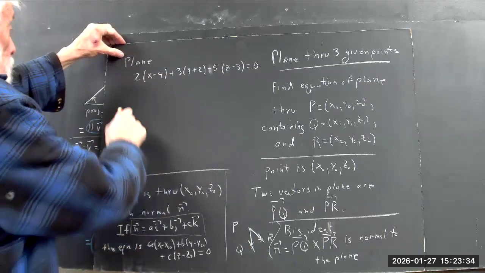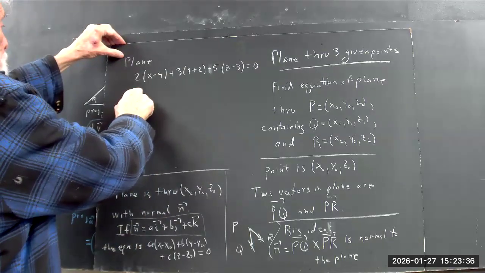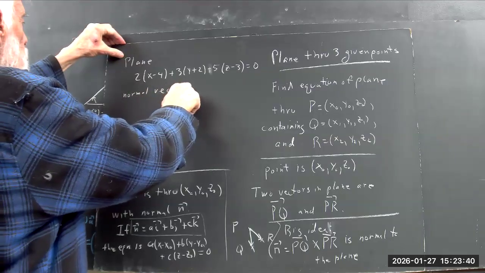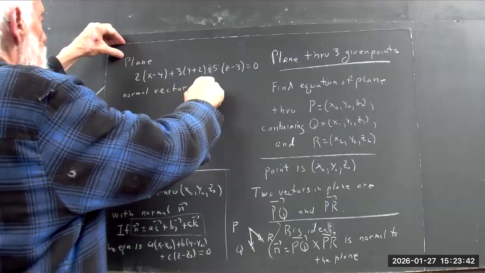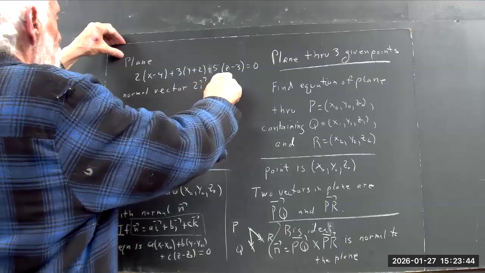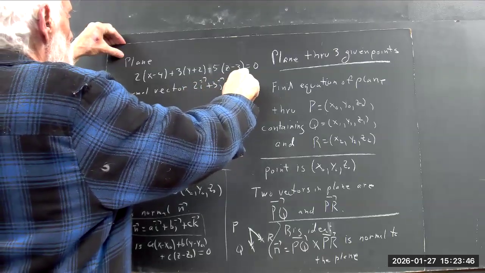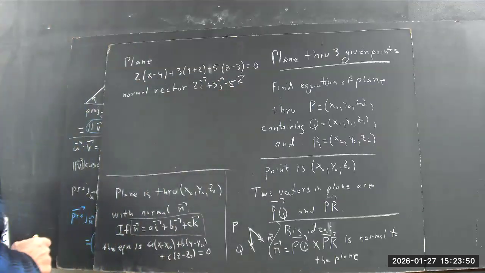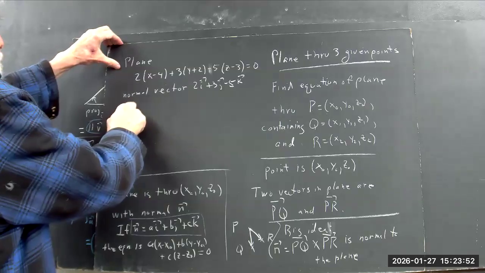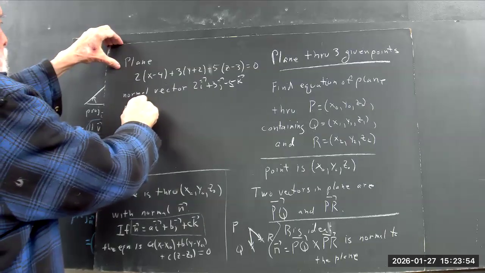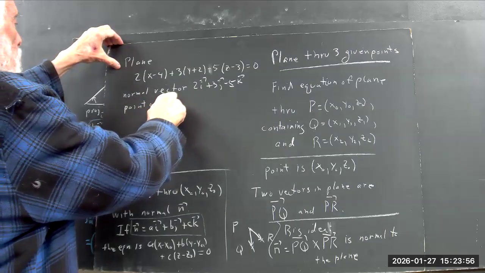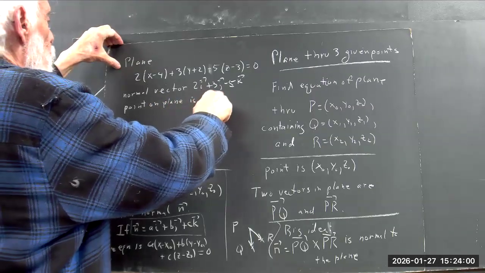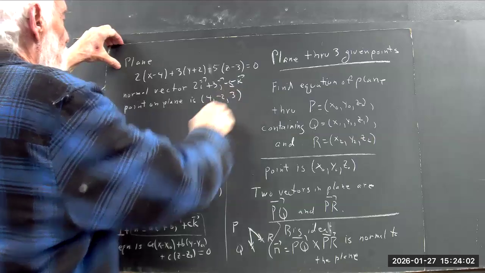So you can immediately identify the normal vector and the point, which is (4, -2, 3).